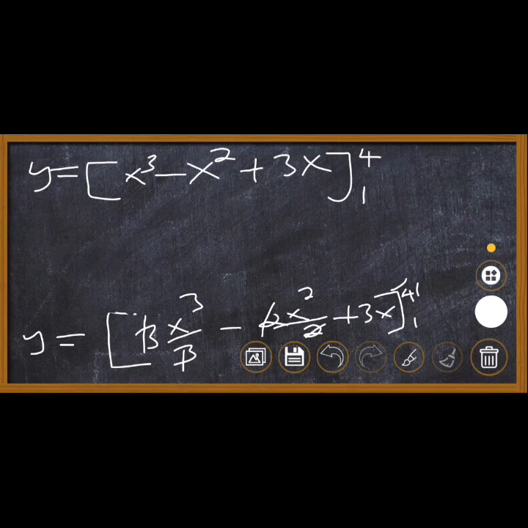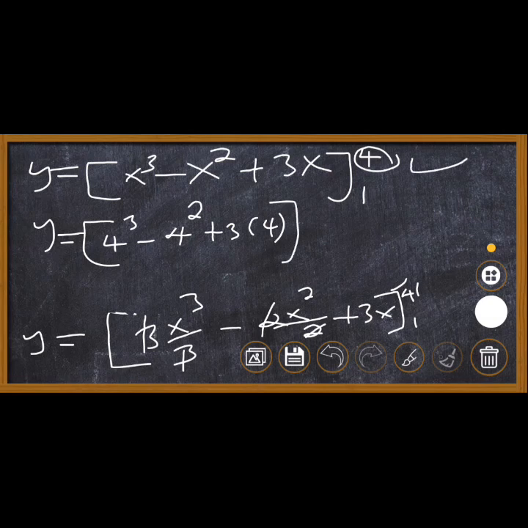Okay, so in this case, after you are done with this, you start now replacing. So you firstly replace with the upper limit. Where there is x, you put 4. So you're going to have 4 power 3 minus 4 squared plus 3 times 4. Where there is x, 4. After you are done with replacing with the upper limit, you also subtract and you replace the lower limit.